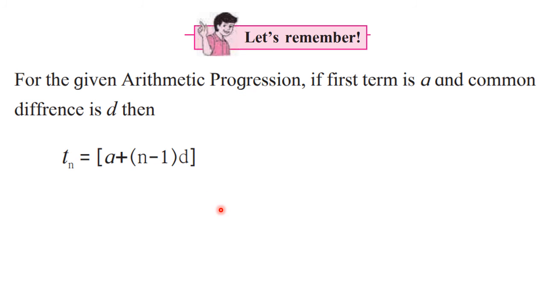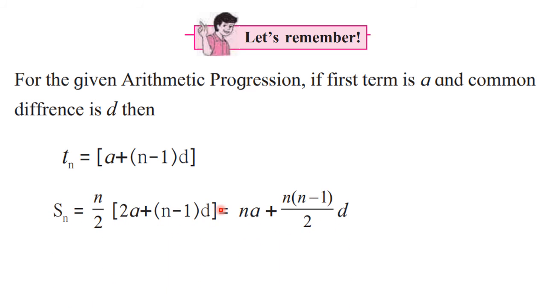Then we saw the formula of Sn, the sum of the first n terms of the AP, and that formula is Sn is equal to n upon 2, n means number of terms, times (2a plus (n minus 1) d).